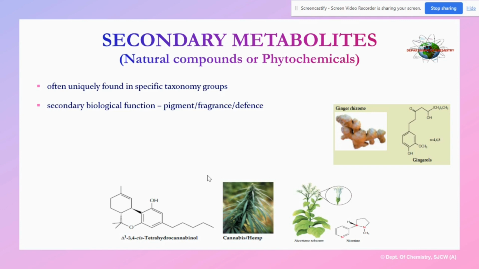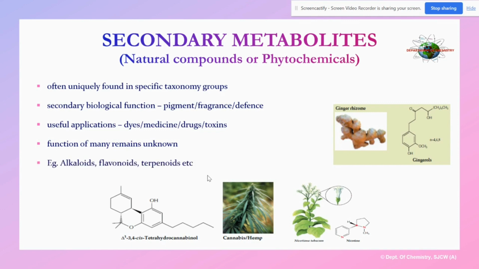They are the pigments, the fragrance agents, or the defense mechanism. Their useful applications include dyes, medicines, drugs, and toxins. But the function of many secondary metabolites is unknown even today. Examples for secondary metabolites are alkaloids, flavonoids, terpenoids, etc.